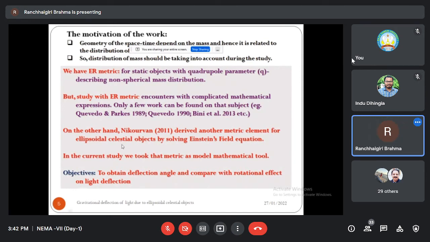In the current study, we took this line element as our mathematical tool for the geometry of space-time due to an ellipsoidal gravitating object. Our objective is to obtain the deflection angle of light and to compare this value of deflection angle with the rotational effect on light bending.